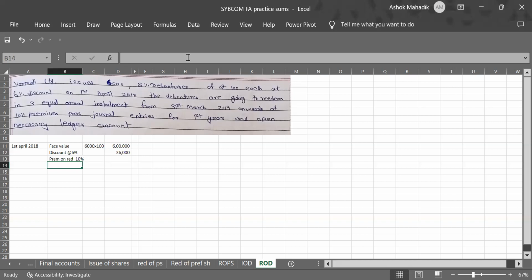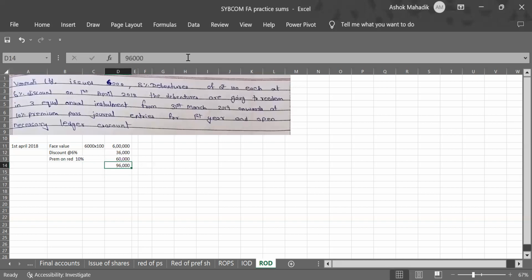I hope you understand this. 10% of what will you calculate? Again, it has to be on face value. So 60,000. Clear? So the total loss on issue of these debentures is 96,000. Understood how we got 96,000, students?